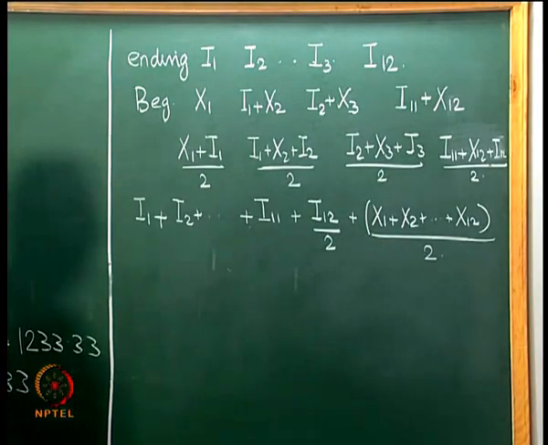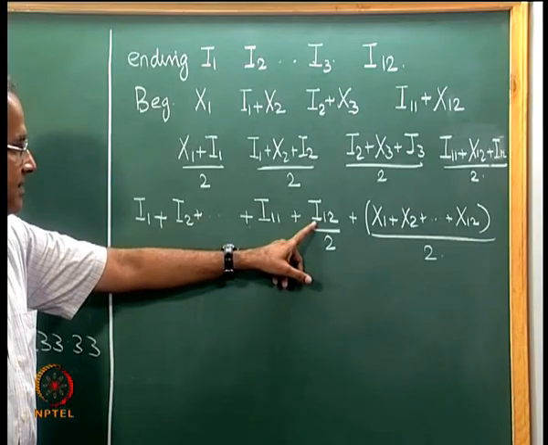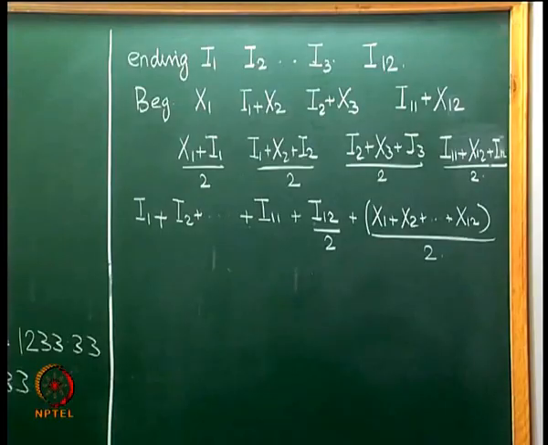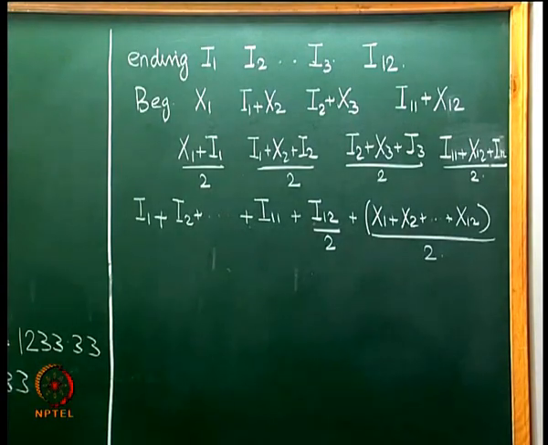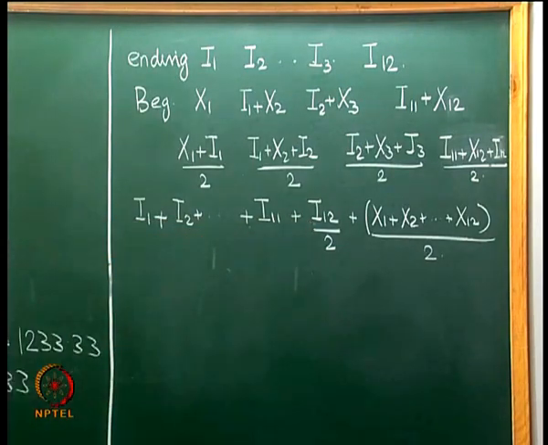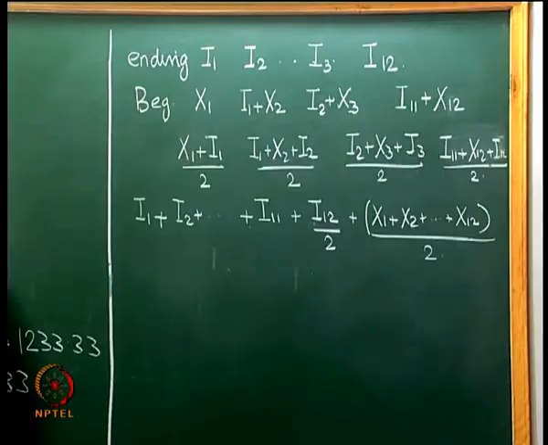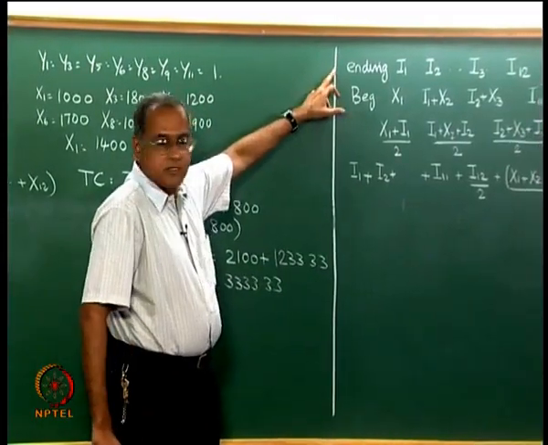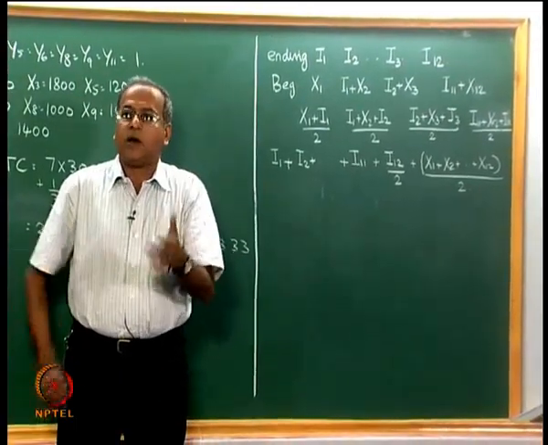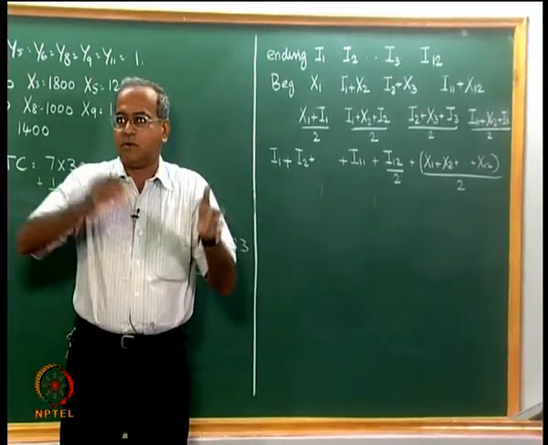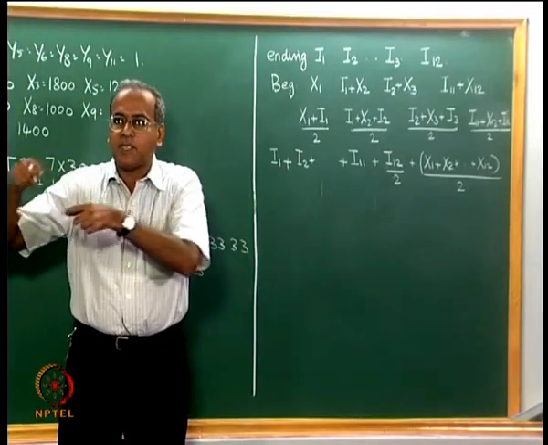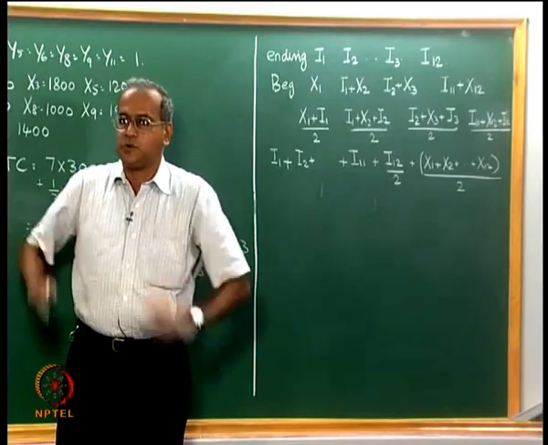Now what we need to do is write this I12 divided by 2 in terms of, first write I12 and then substitute for I12 to see what happens. Now what is I12? I12 is the inventory at the end of the 12th period. Beginning inventory is 0 here. So I12 is in principle the sum of x1 plus x2 up to x12, which is what we have procured, minus D1 plus D2 to D12, which is what we have consumed.